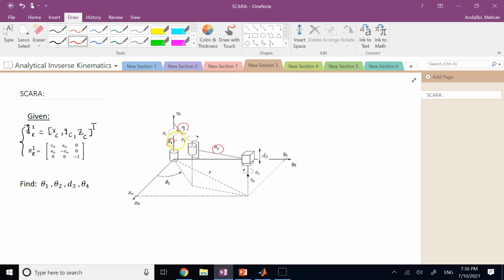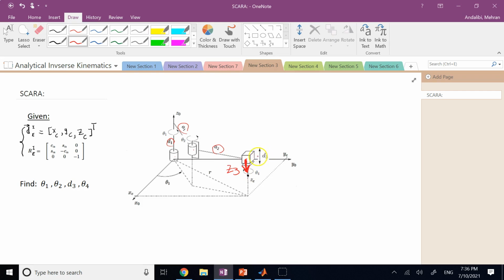So if you see here, this point is at d1, and if d3 is positive, if you remember, the direction of the third axis about which d3 was defined was also downward. If you go back and look at the previous video I made about the SCARA, you see that z3 was also downward.